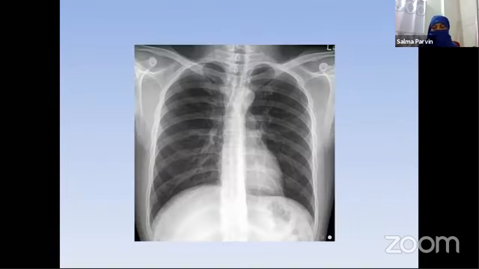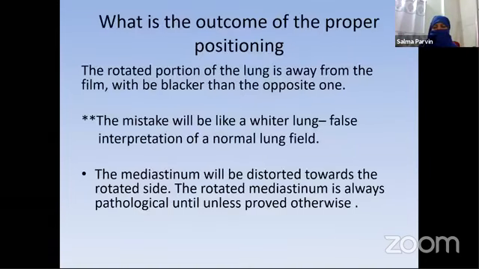I should describe those things earlier: what is the outcome of proper positioning? What disturbance happens if you don't have proper positioning of the patient? The rotated portion.